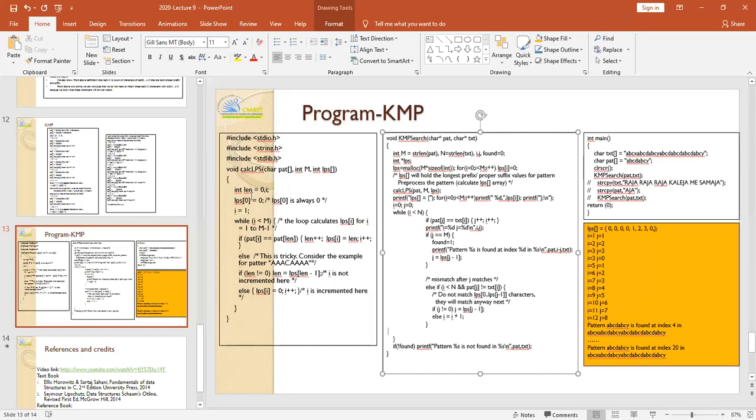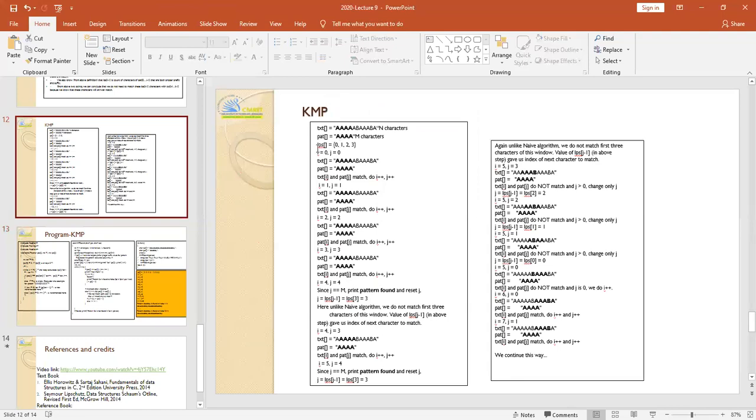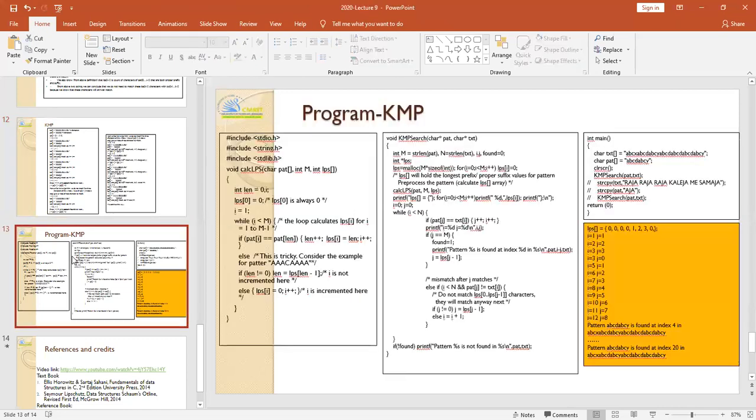So you know how to find the LPS. I have already told what the LPS is here. So where the text is matching, we call it LPS. The zeroth characters are matching, the first character is matching, the second character is matching, the third characters are matching. So we take LPS as 0, 1, 2, 3. Understood. So how to calculate that LPS?